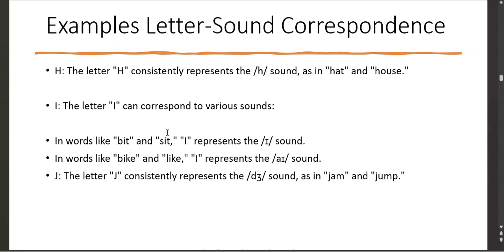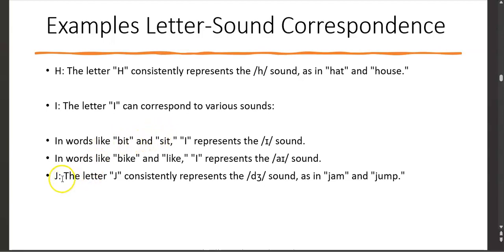It's just one letter, letter I, but the sounds are different. So what does this tell us about graphemes and phonemes? Graphemes are just letters, but phonemes are just sounds, and we have various ways of pronouncing these sounds.